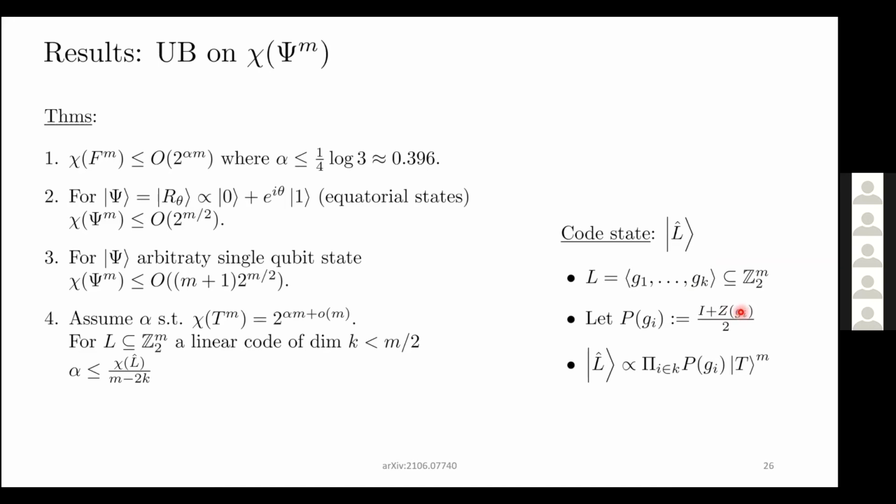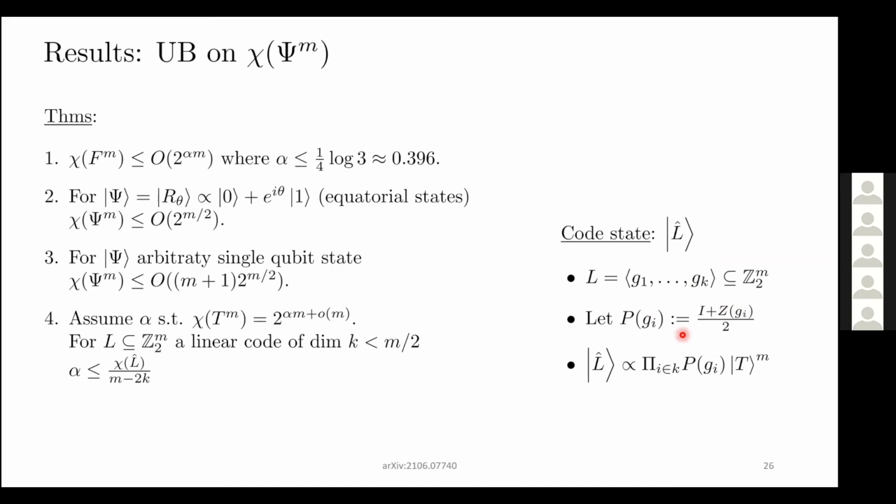That defines the Pauli string Z of GI. Given that Pauli string, we can define a Pauli projector, P of GI.